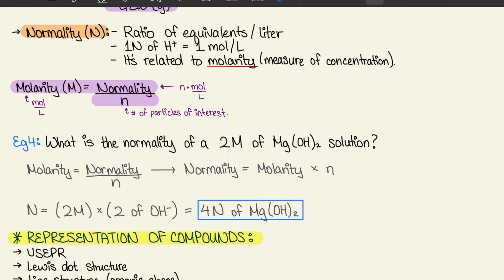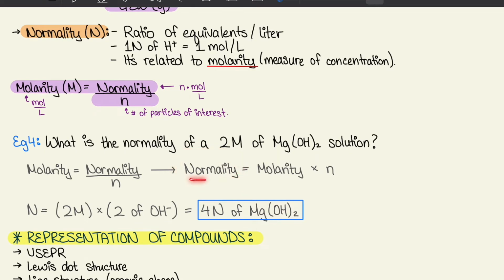And I have an example right here, and it's asking, what is the normality of a 2 molar Mg(OH)2 solution? So we're going to start with writing out the equation where molarity is equal to normality over N. We're just going to rearrange this equation here because we want to solve for normality.